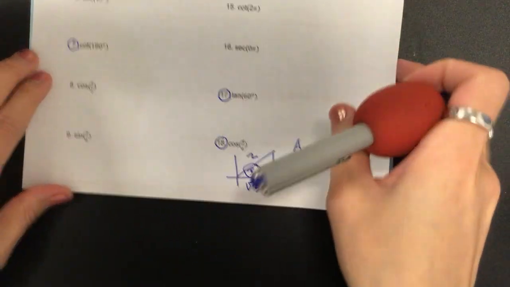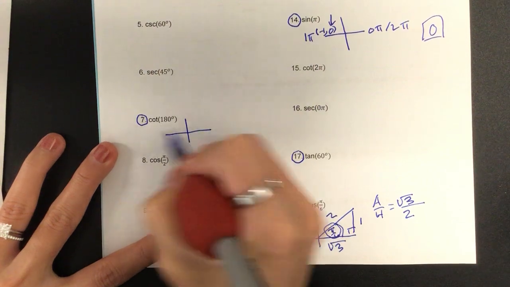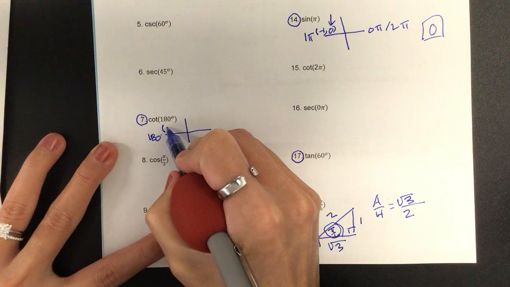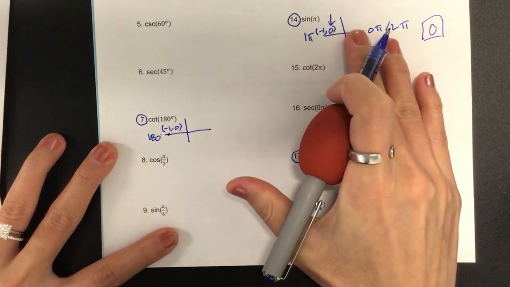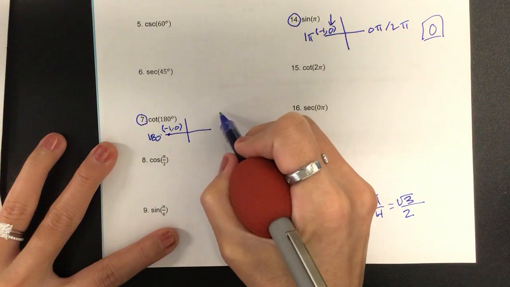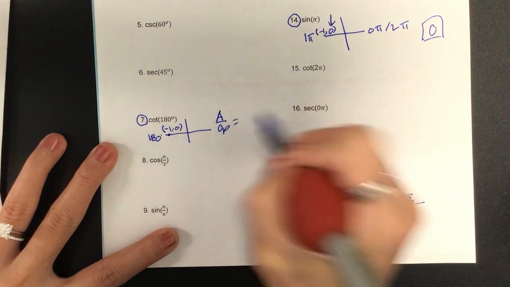Now I'm going to go in order. Let's do cotangent next. Cotangent of 180. So we have 180 right here. I'm jumping from degree to radian. And we know this value is -1 comma 0, as mentioned on number 14. If tangent is opposite over adjacent, cotangent must be adjacent over opposite.